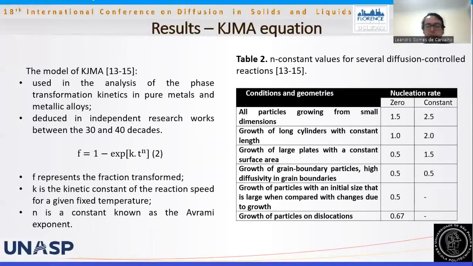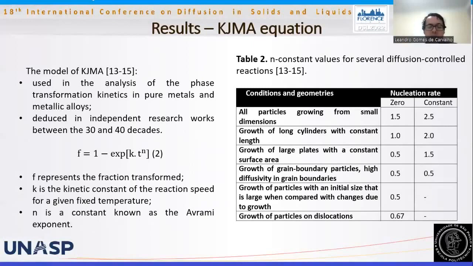Equation 2 shows the KJMA equation. F represents the fraction transformed. K is the kinetic constant of the reaction speed for a given fixed temperature. N is a constant known as the Avrami exponent.